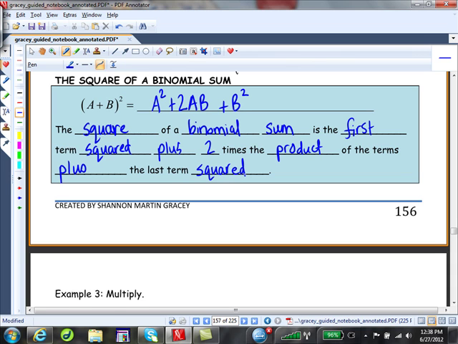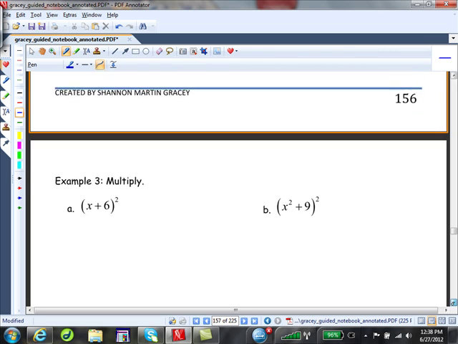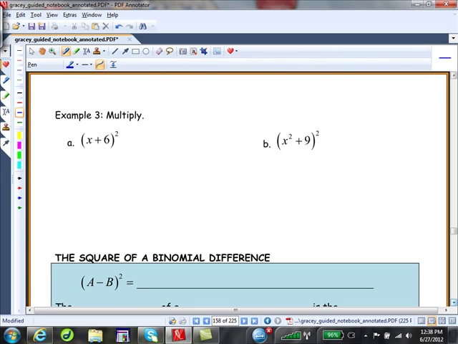So again, it's important to identify what is our A, what's our B, and so we can apply the formula. So I'm going to go ahead and write it out again. A plus B, the quantity squared, equals A squared plus 2 times A times B plus B squared.